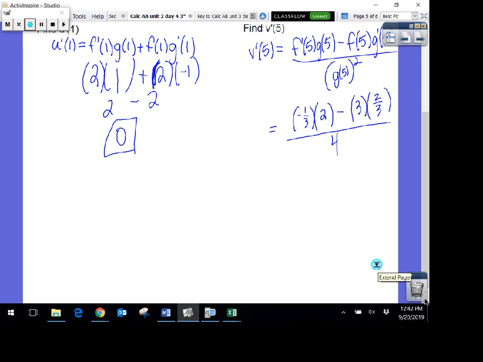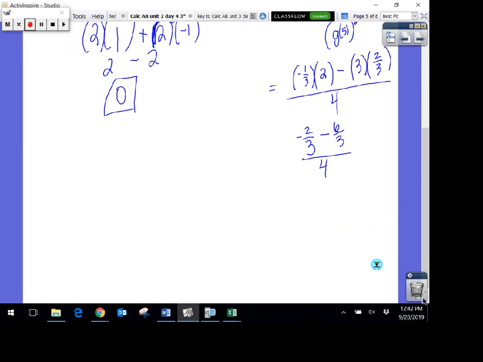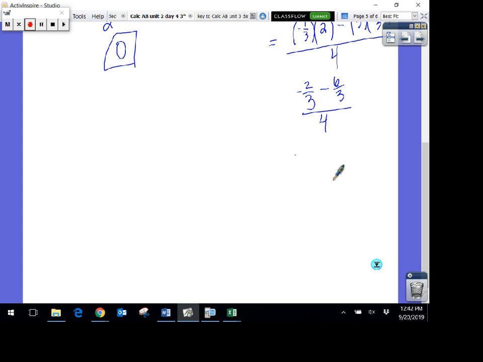Now, it's a simple multiply, add, and divide problem. So we get negative 2/3 minus 2, so I'm going to make that 6/3 over 4. So we get negative 8/3 times 1/4.